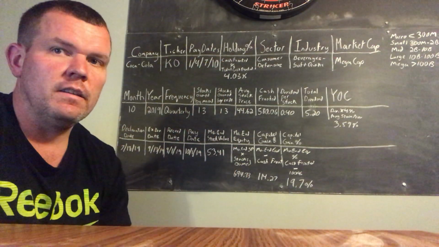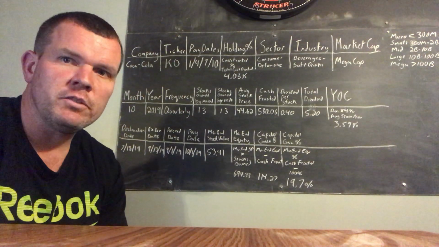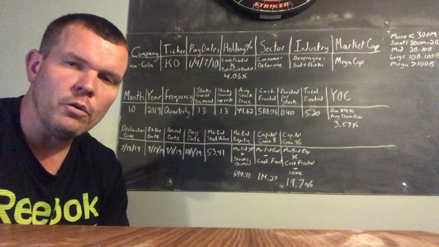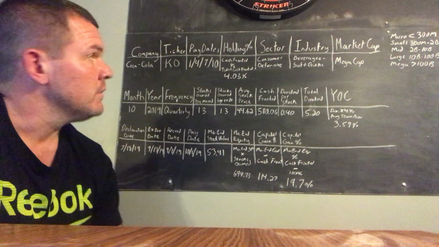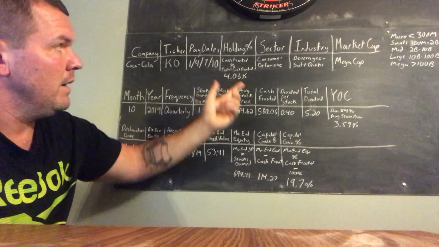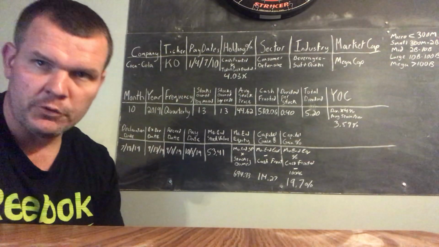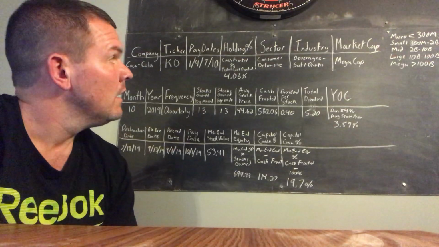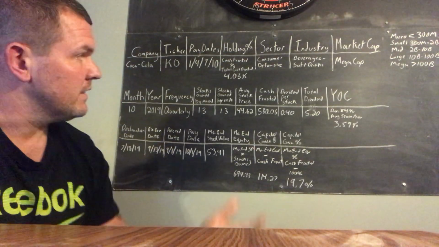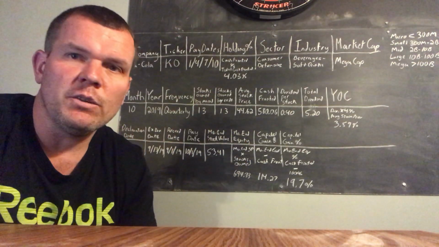Holding percentage. What this means is what percentage of Coca-Cola I own against my entire portfolio. I do this by total cash fronted for Coca-Cola divided by total cash fronted. In this example, Coca-Cola is 4.03%.